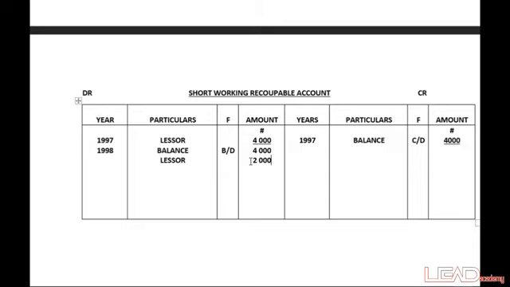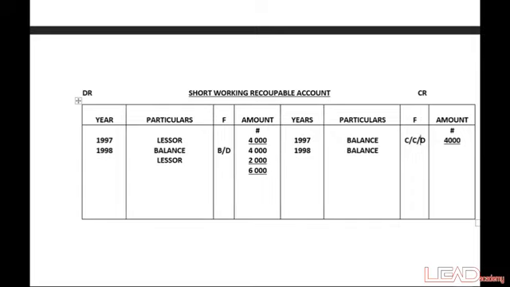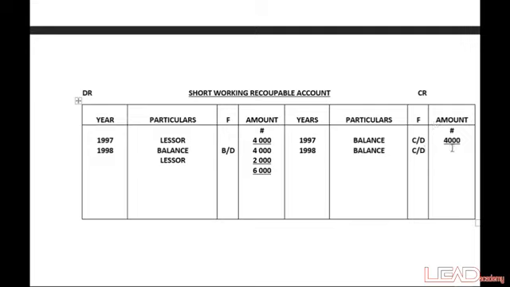So when you add up, you're going to have 6,000. So in 1998, on the credit side, you balance up, which is balance carried down of 6,000 naira.